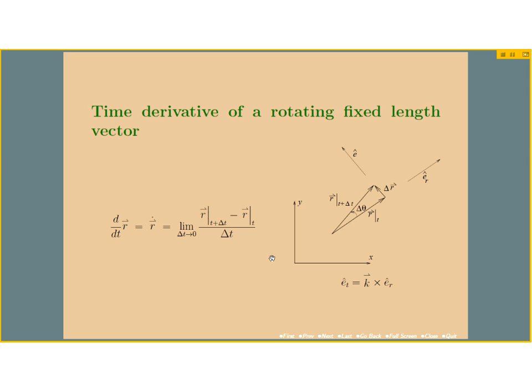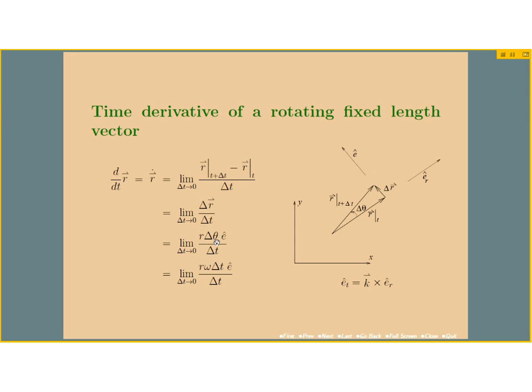If we analyze this to see what it means, the numerator in this fraction is simply delta r, as we've calculated already. And we can now say that delta r has a magnitude equal to the magnitude of the vector r times delta theta. That is its length. And its direction, of course, is in the direction of the unit vector E.